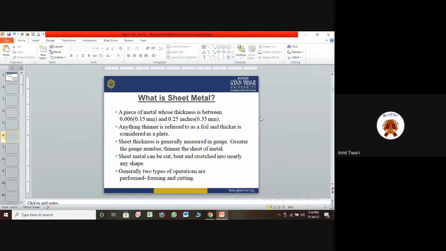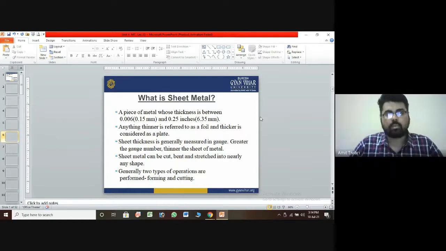This is how you can identify how thin a sheet is: by the gauge number.